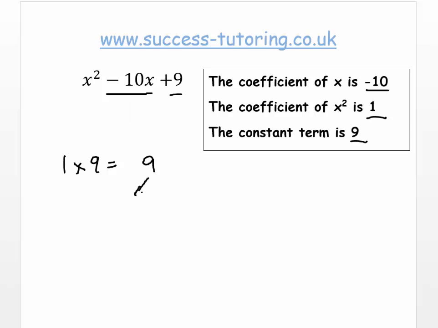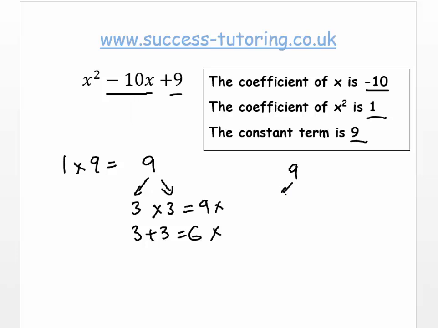So let's try the obvious ones, what people are going to naturally pick. 3 times 3 will give me 9. But 3 plus 3 will give me 6. So we know that this isn't the right answer. Those are not the right factors that we need. Let's try something else then. We've got a negative here and a positive here, so we're going to need at least one negative term.